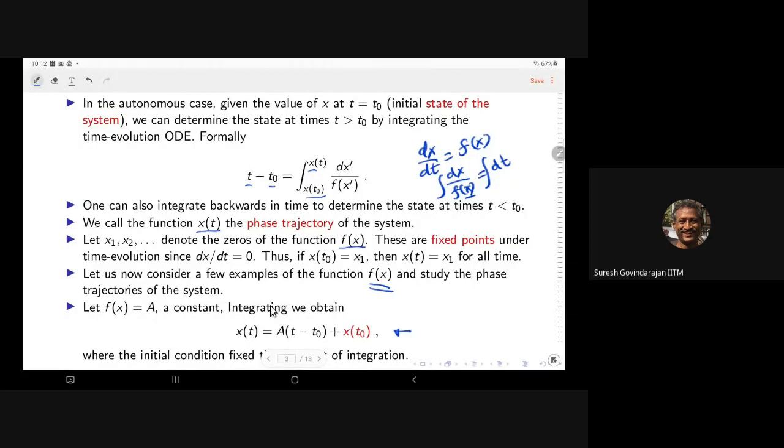The initial condition, that it was at x naught, you have to give me where it is. Only then can we get the solution. So we need to provide x of t naught. It is like an integration constant.